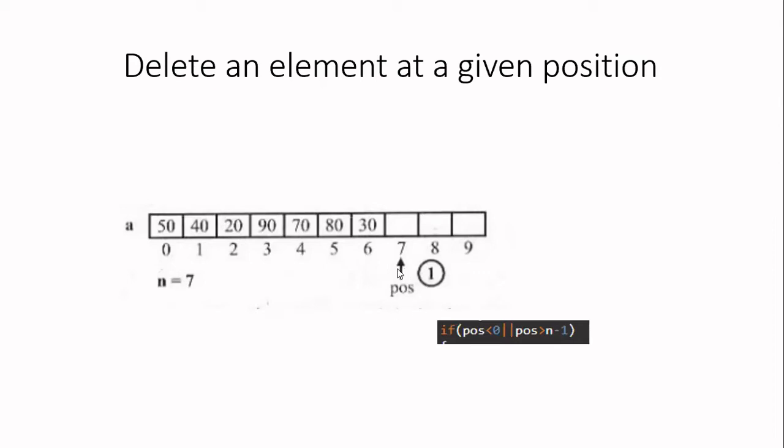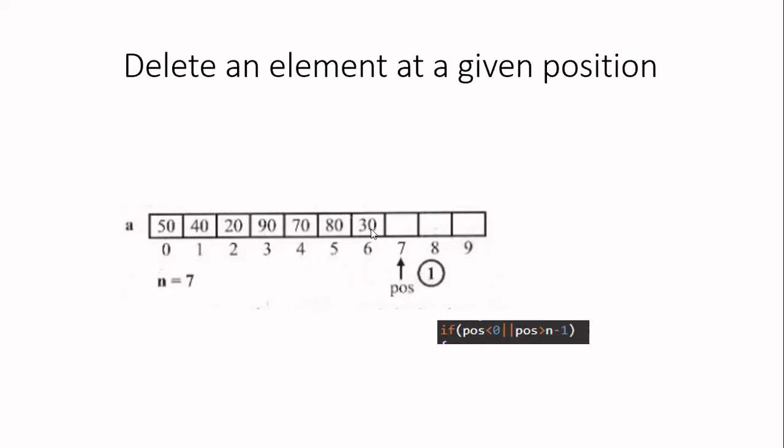Now, can you tell me from which index you can delete elements according to this diagram? If you see this diagram, you can delete any element starting from index 0 up to index 6. We can't delete any element at index 7, 8, 9, nor at index -1, -2, -3.